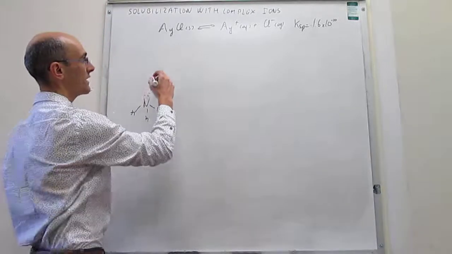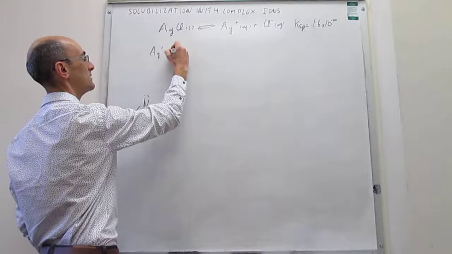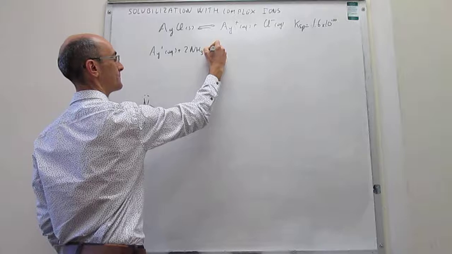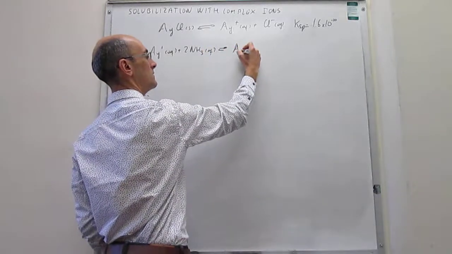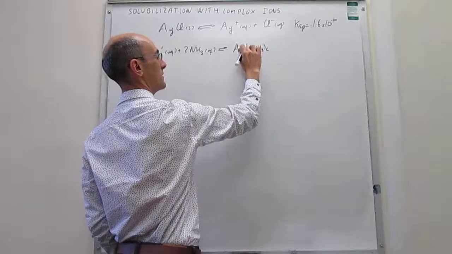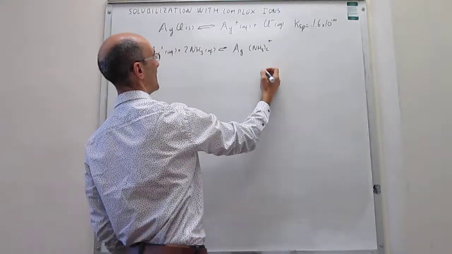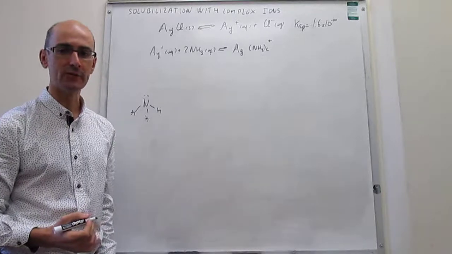The reaction that actually takes place is like this: silver plus with 2 molecules of ammonia generates this complex ion, the full complex ion, plus.